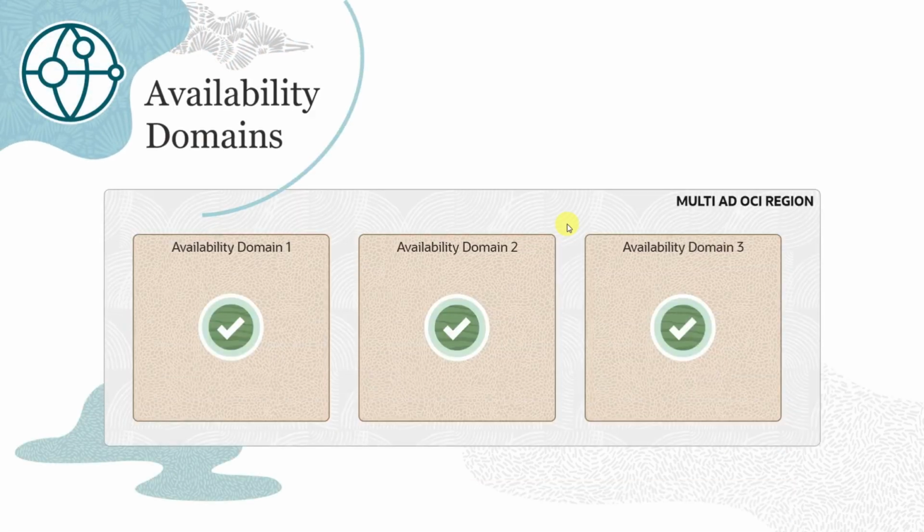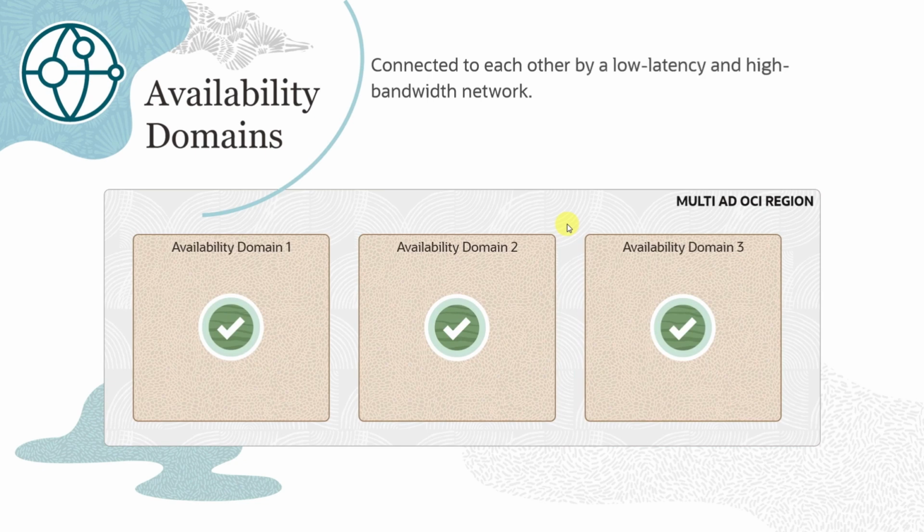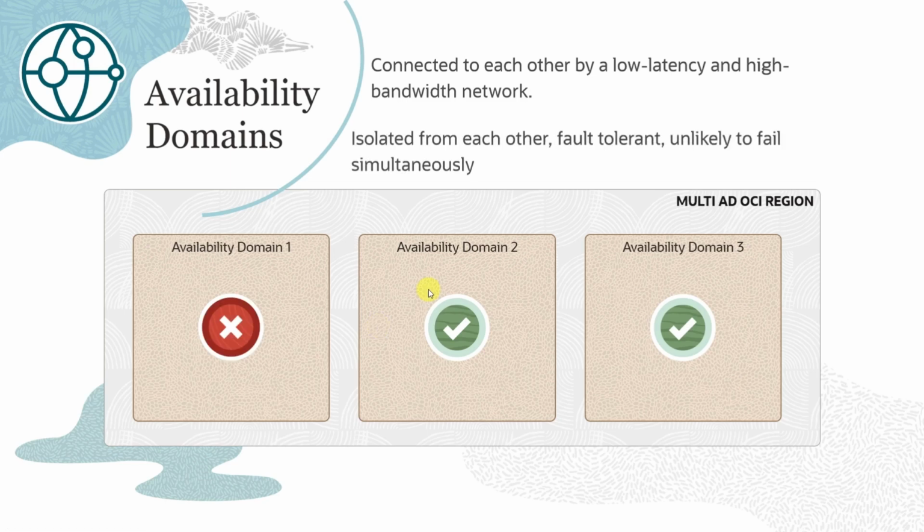Availability domains are data centers within a region that are connected to each other by low latency and high bandwidth network. Availability domains within a region don't share the same infrastructure such as power and cooling. Therefore, it's unlikely that an issue in one of the availability domains will impact other availability domains in the same region.